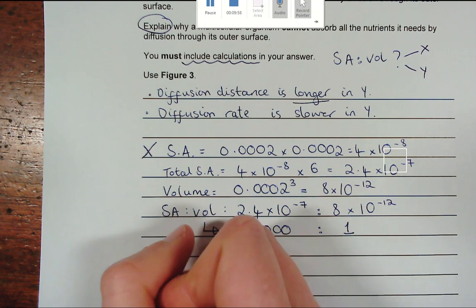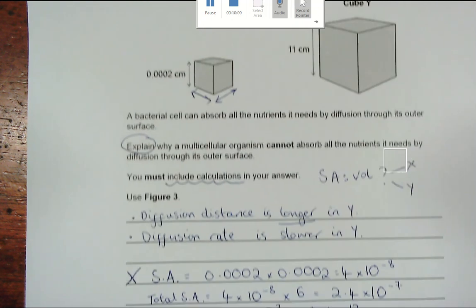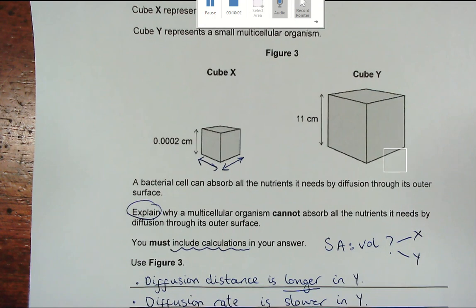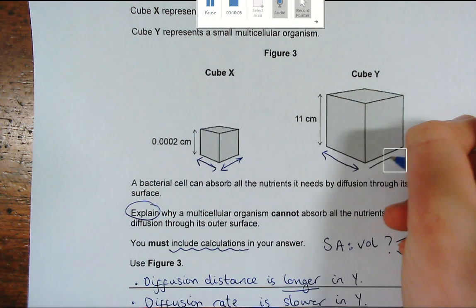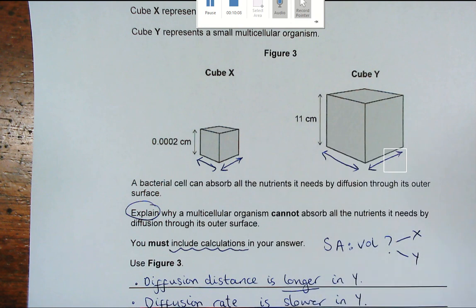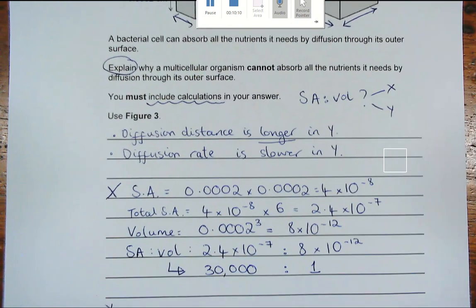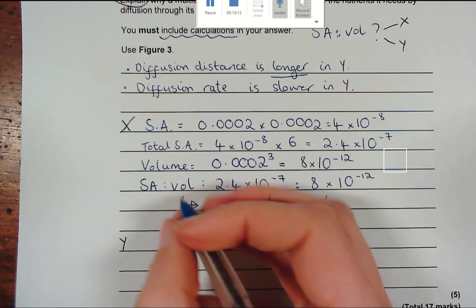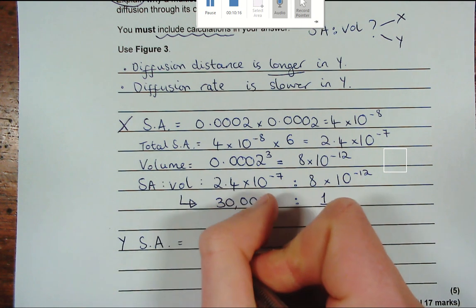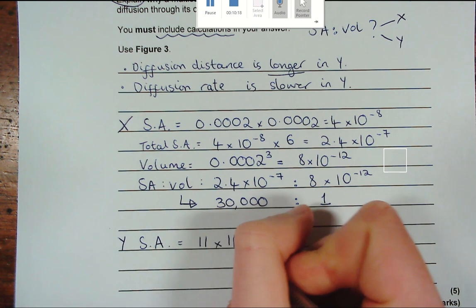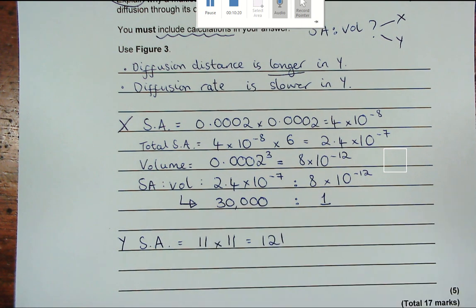Okay, let's compare that to Y then. So Y had a length of 11 for each of its lengths. So the surface area of one face is 121.